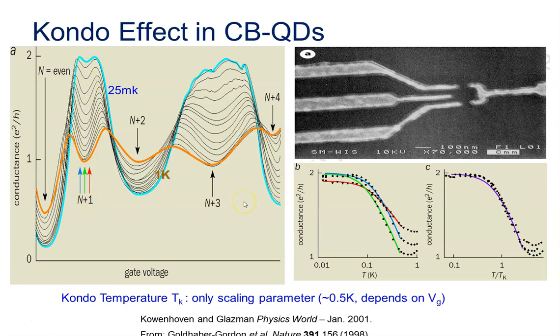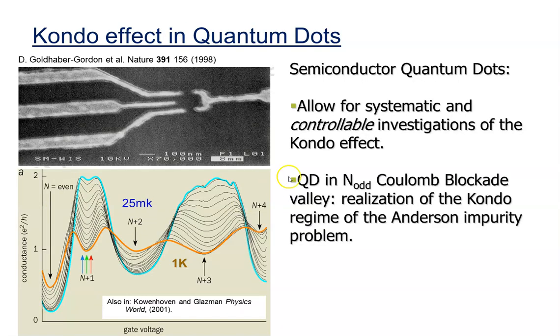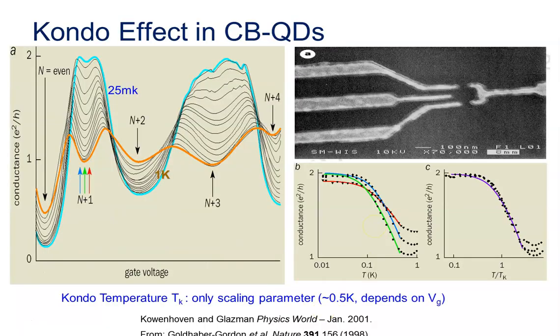That's the Kondo effect in the dot. So the quantum dots allow for controllable investigations of the Kondo effect, and this is essentially the experimental result. If you are in the even number of electrons in the dot, and you decrease the temperature, essentially the conductance decreases.